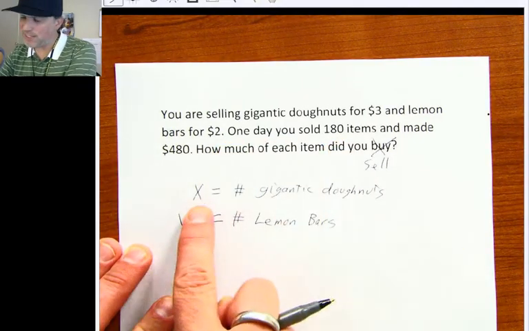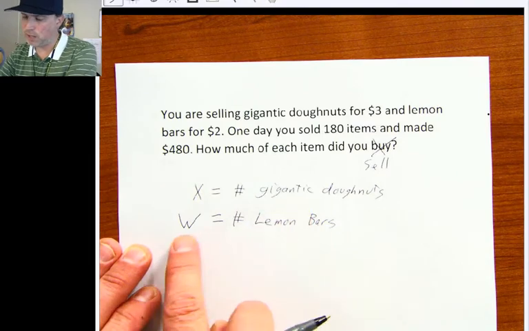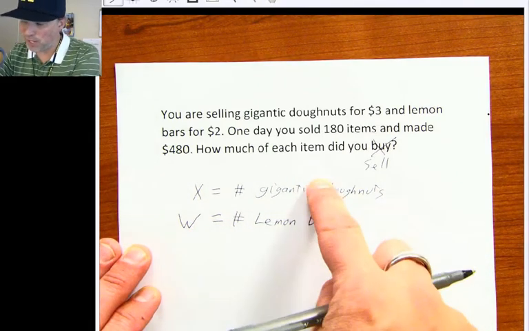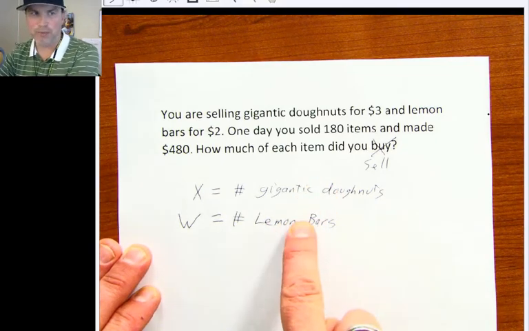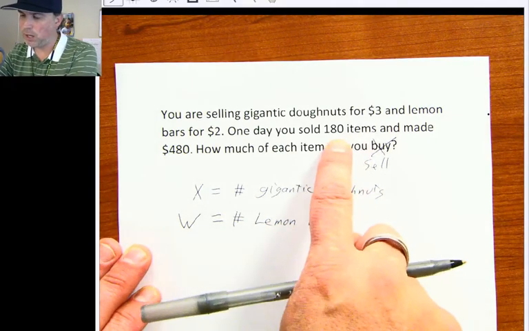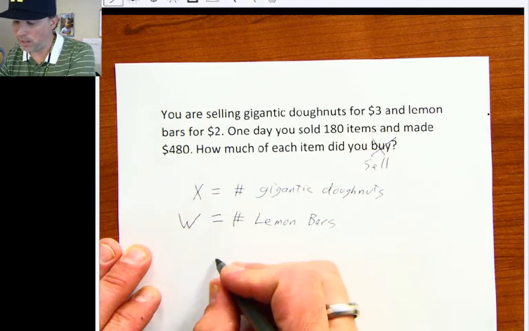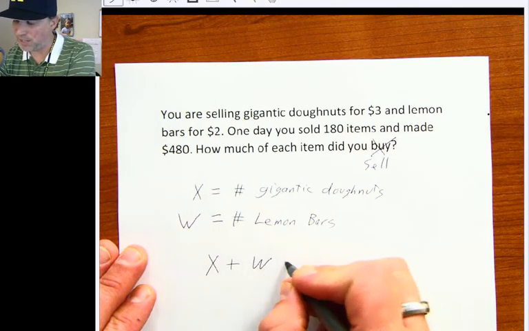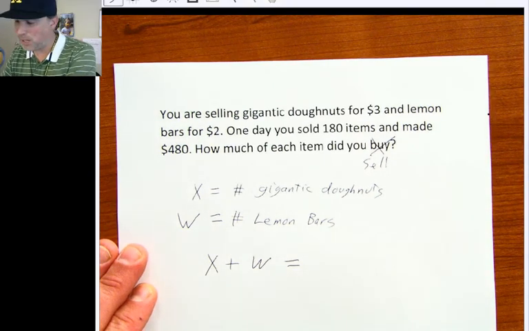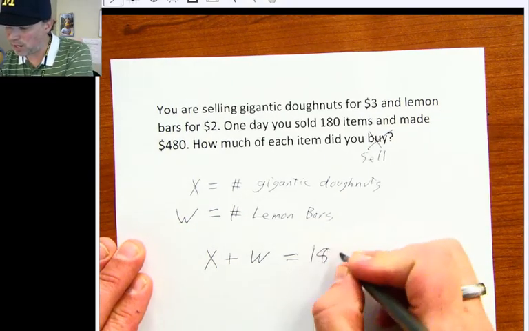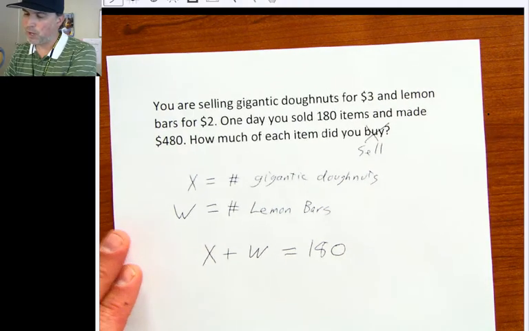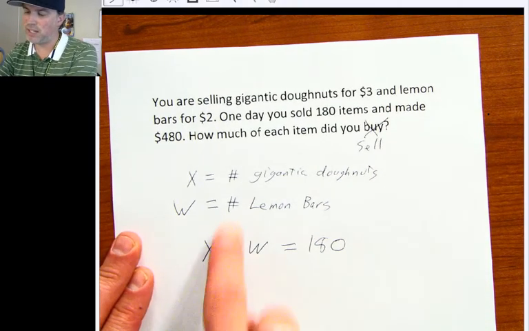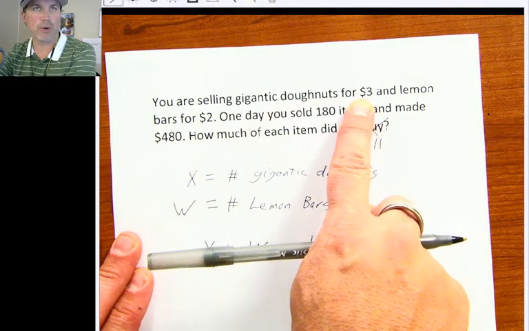Now, I mentioned that one day you sold 180 items. Well, if X is the number of gigantic donuts and W is the number of lemon bars, adding up the number of gigantic donuts plus the number of lemon bars will tell me exactly how many items I sold. So if I go X plus W, that must be equal to 180. And now, as I'm selling those X number of gigantic donuts, I'm making $3 per donut.